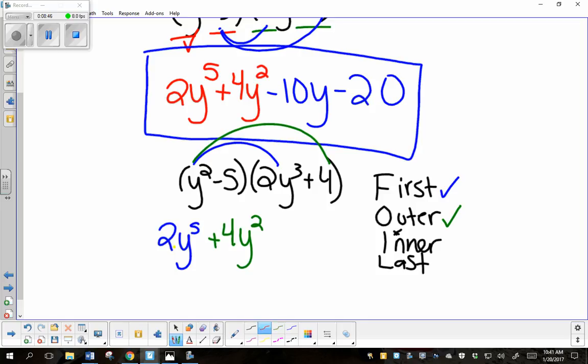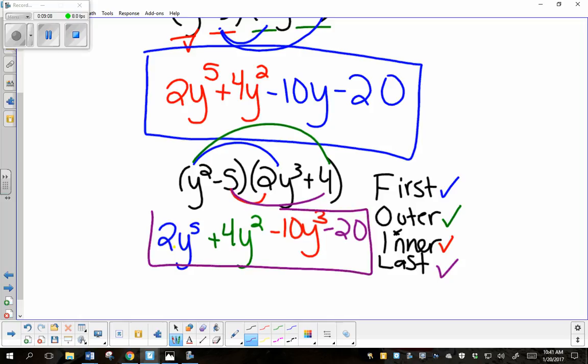And then inner means the inner term in each one, so the two that are closest to the inside of those parentheses. So negative 5 times positive 2y to the 3, that's negative 10y to the 3. And then finally, last means the last term in each set, so that is negative 5 times positive 4, and that's negative 20. Again, check for like terms. I don't see any, so that's it.